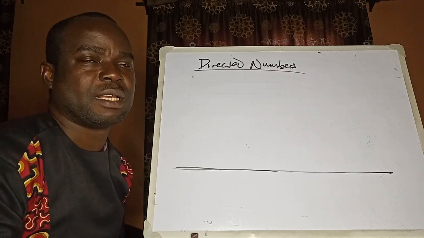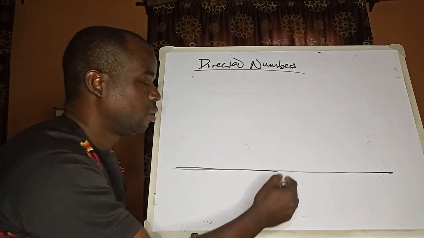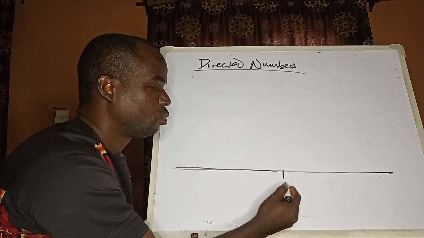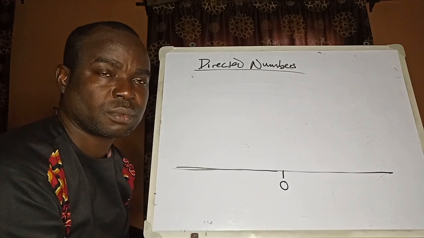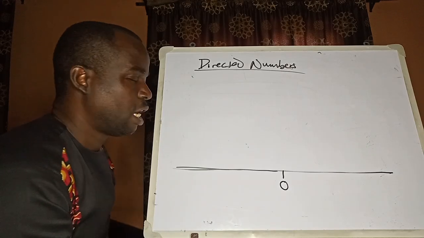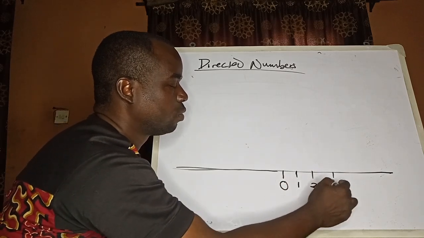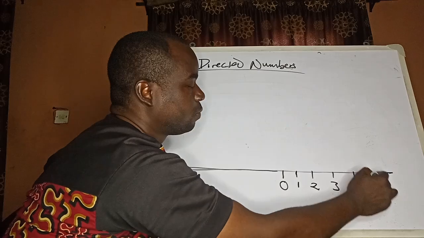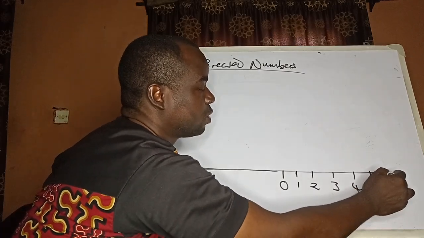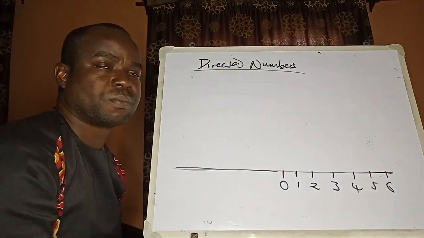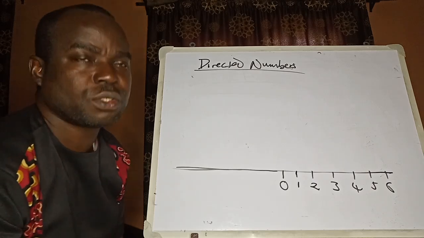Anytime you want to do a number line, from the middle here, you put 0. Are we together? Then you now count 1, 2, 3, 4, 5, 6, and so on and so forth. You can continue depending on the question.